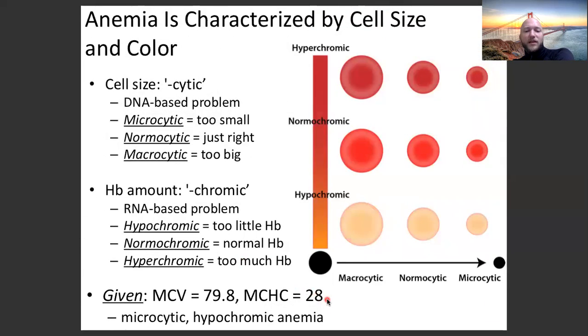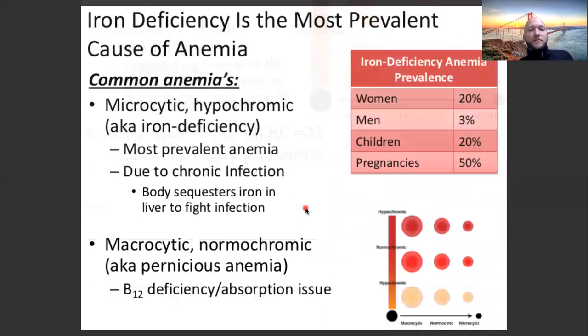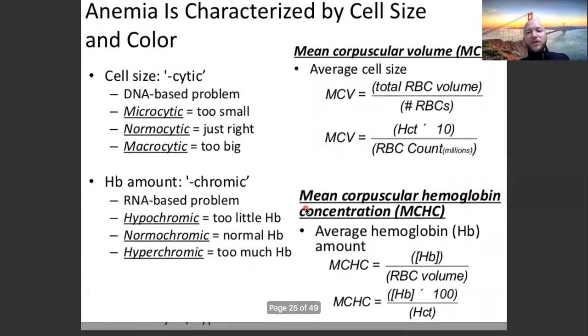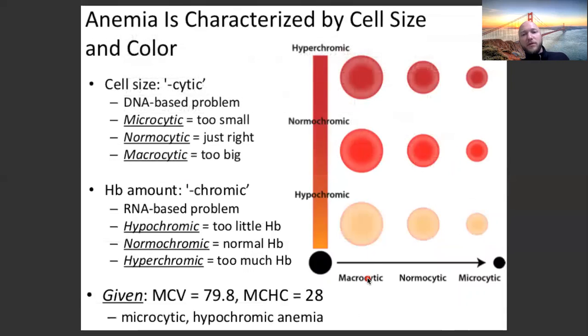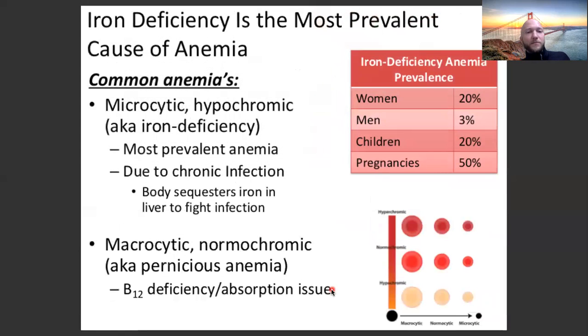And 28 is too low also, so it'd be microcytic hypochromic anemia. Be ready for a question on the test where you have to calculate MCV or MCHC given values that could have been determined in lab, and then put these vocab words to that value. Be ready for that. Know the normal ranges for MCV and MCHC.